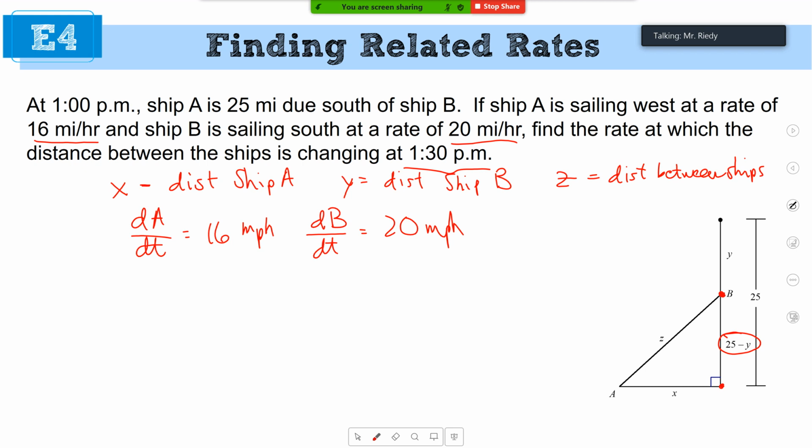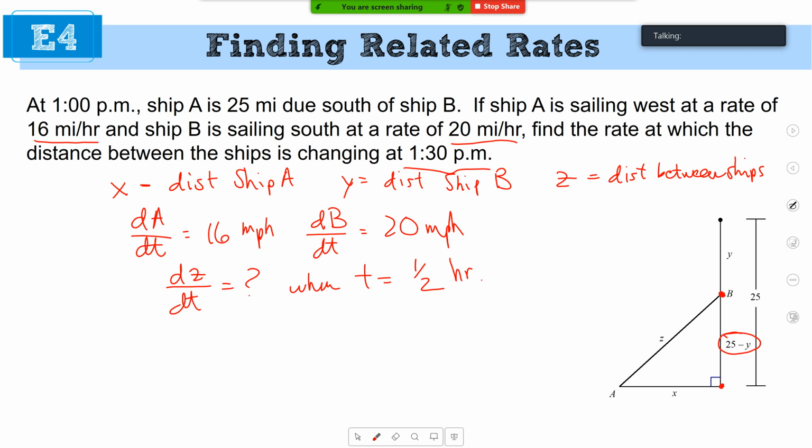And I'm looking for the rate at which the distance between the ships is changing at 1:30. Okay, I'm looking for dz/dt when t equals 1/2. Is everybody good with the 1/2? I'm going to keep everything in terms of hours, so 1:30 is 1/2 hour after we started.